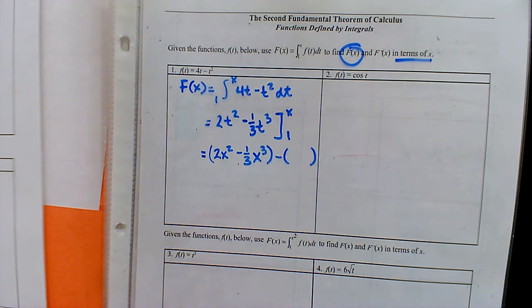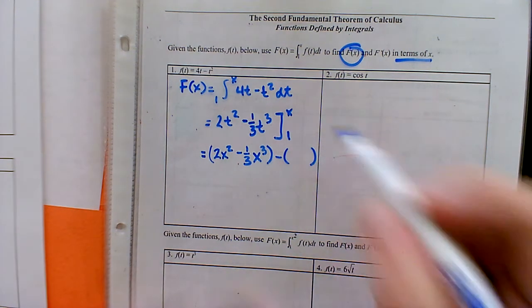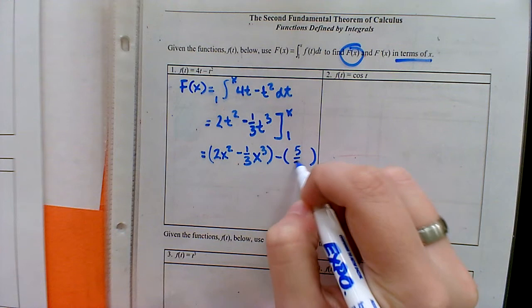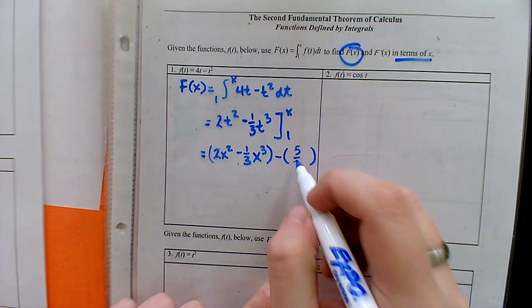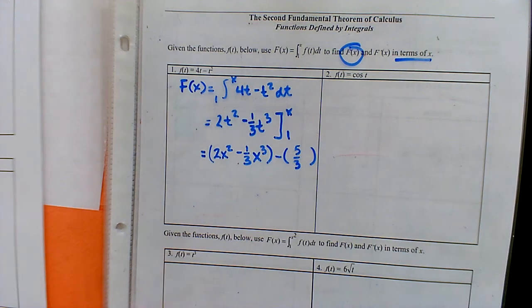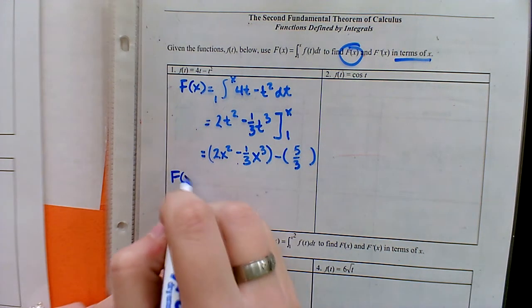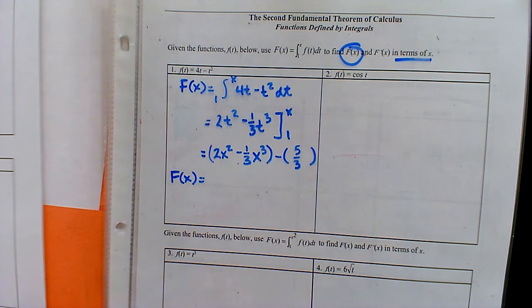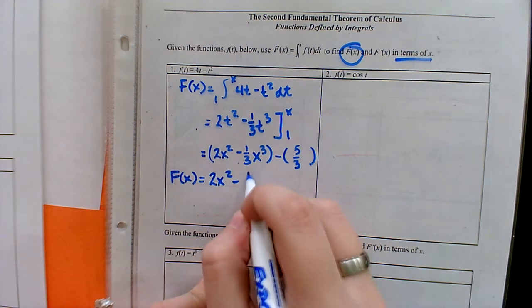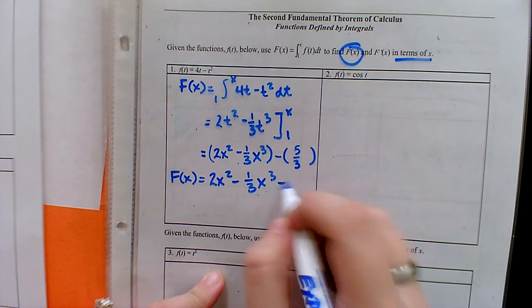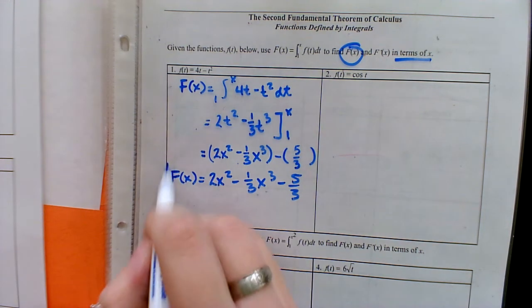Looks like we'll have 2 minus 1/3, which is 5/3. So our final equation for capital F in terms of x's, because notice how we have x's now instead of t's. When we did that top minus bottom, it turned the t's to x's. So we have 2x squared minus 1/3 x cubed minus 5/3.